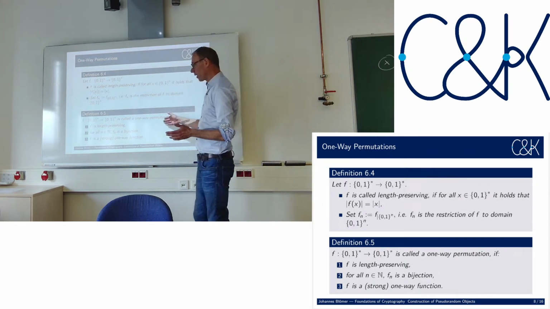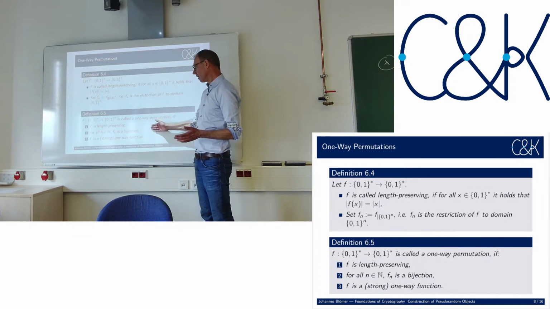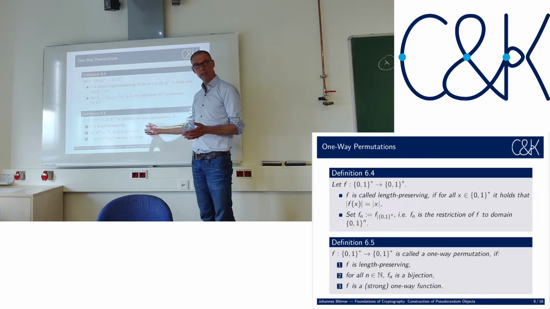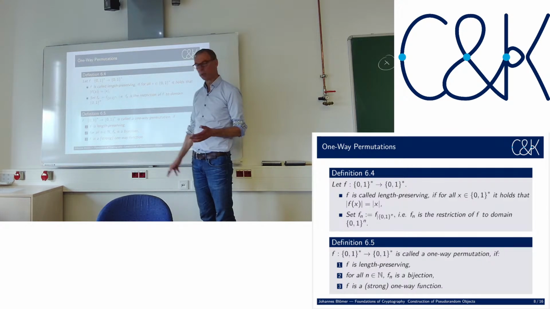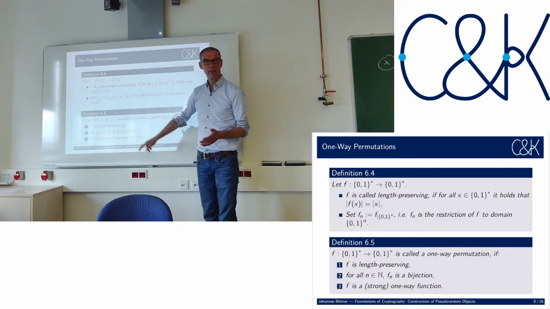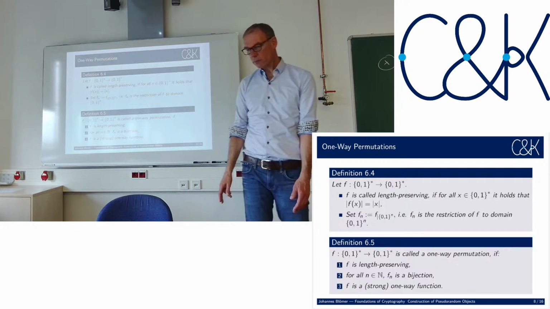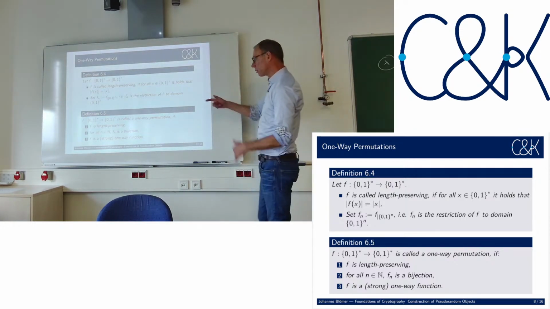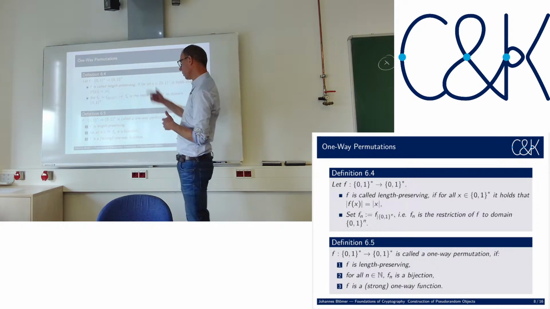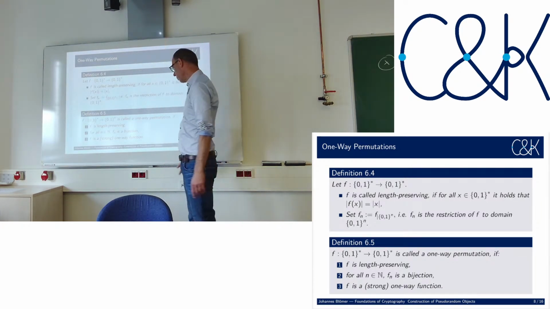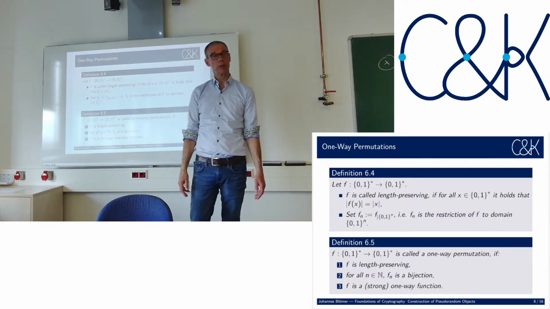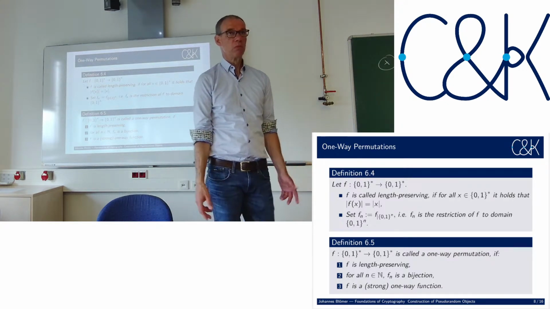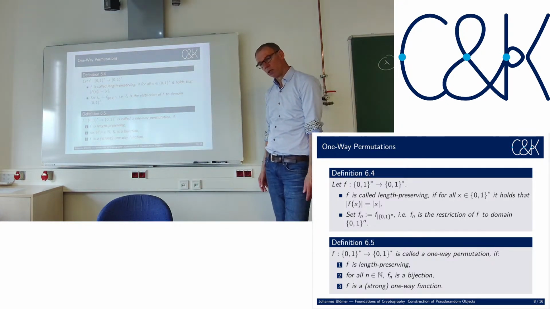These two things are satisfied if f is length preserving and it's a bijection, because then this here is immediate. It just permutes the elements of {0,1}^n, and we also want it to be a one-way function. A permutation is a function, so we can obviously apply our previous definition.